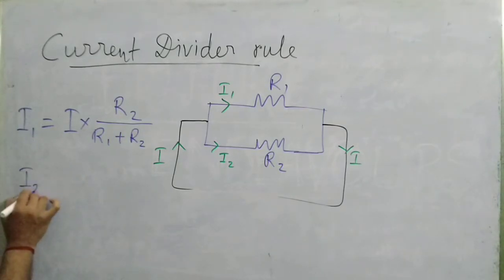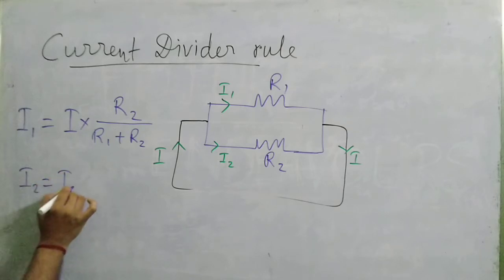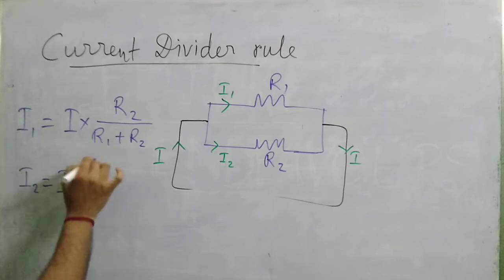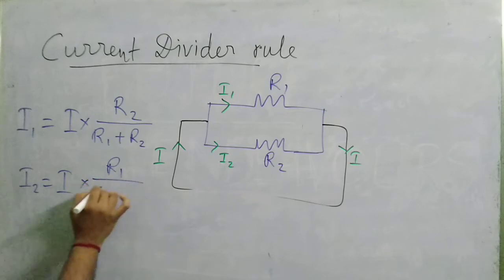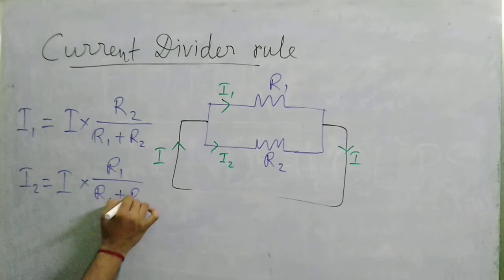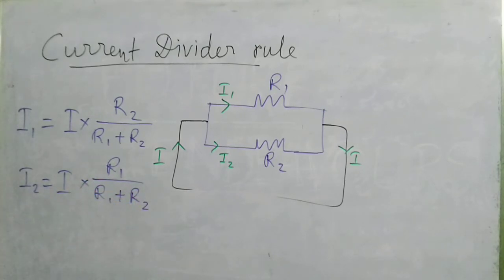And current I2 is given by the main current I multiplied by the resistance in the opposite branch, R1, divided by R1 plus R2. This is how the current is divided among the two resistors.